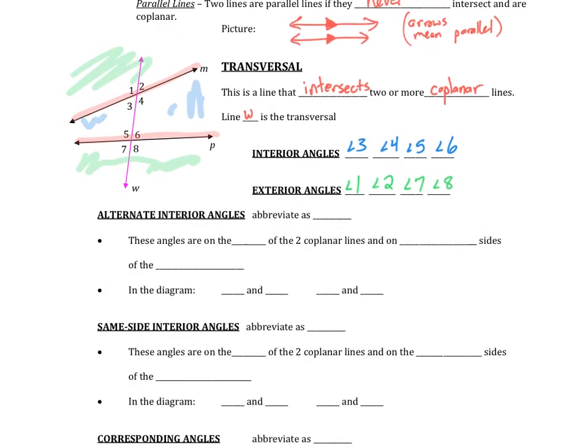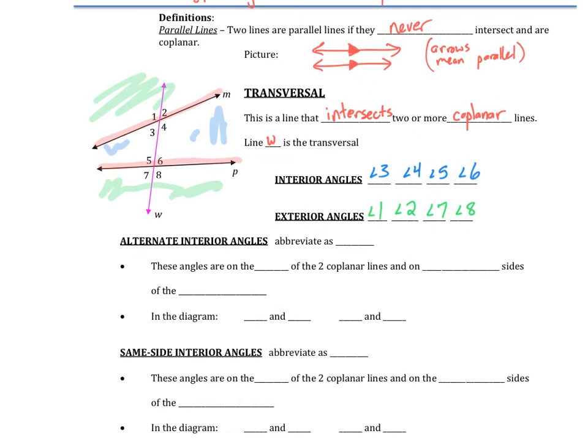Okay? So as you scroll down, alternate interior angles are angles on the inside that are on alternate sides of the transversal. We abbreviate these as AI angles. These angles are on the inside of the two coplanar lines and on opposite sides of the transversal.